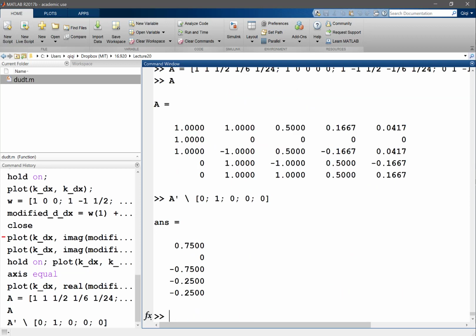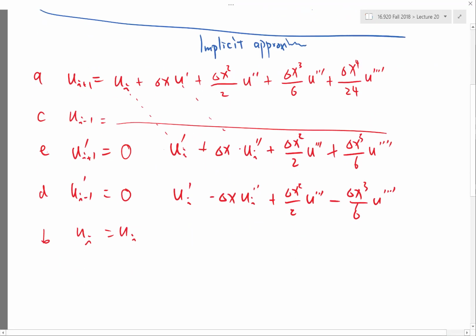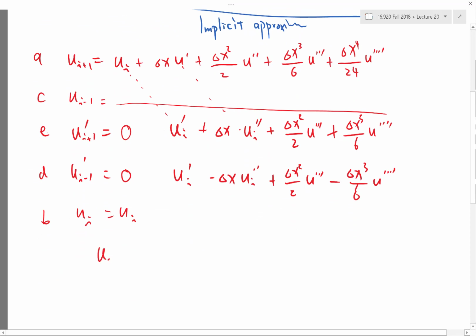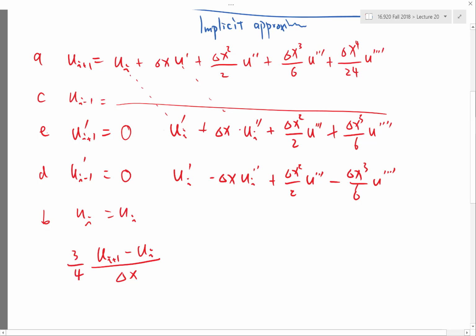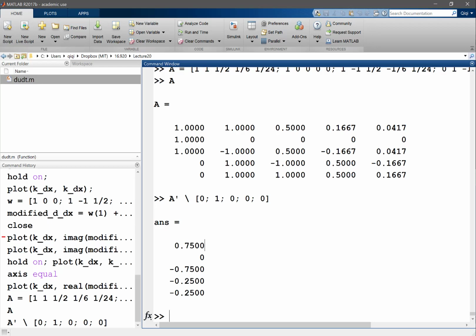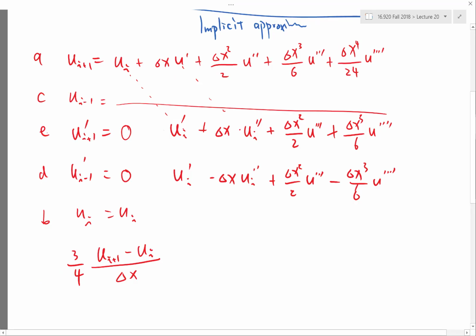Okay, so the scheme turns out to be ui plus 1 minus ui minus 1 divided by delta x times 3 over 4, and then minus a fourth of ui plus 1 prime plus ui minus 1 prime.